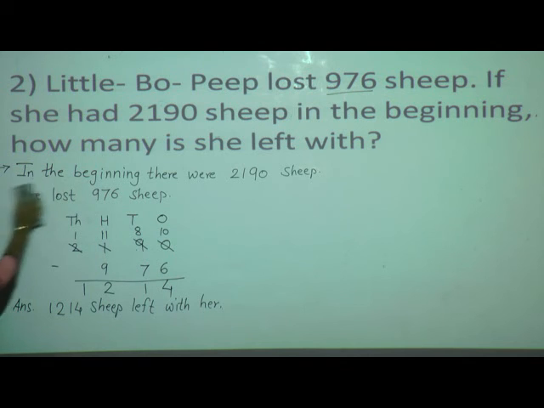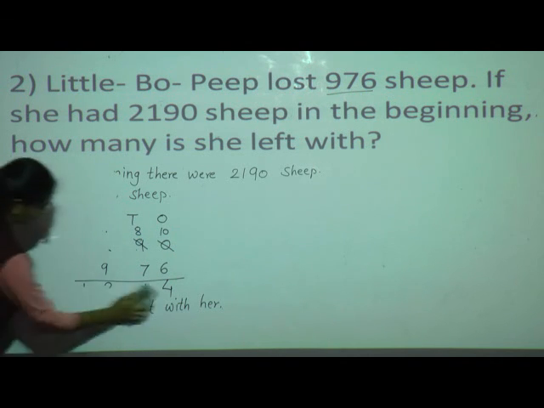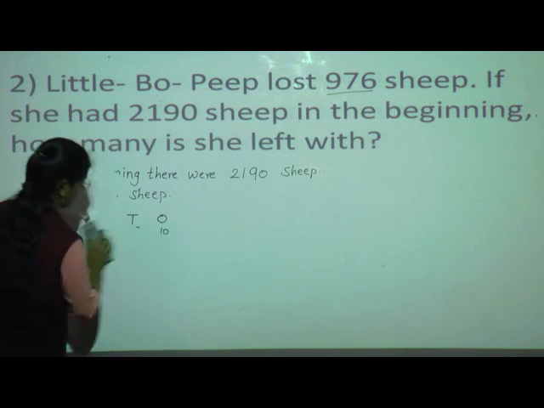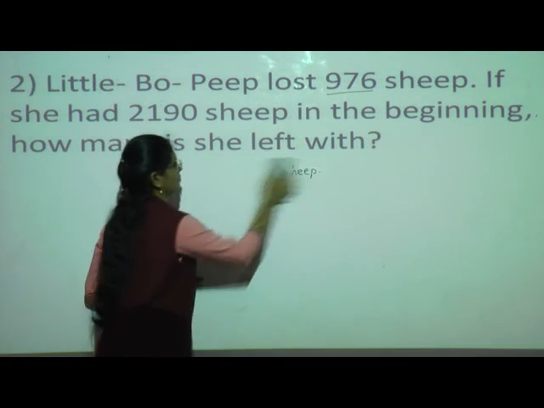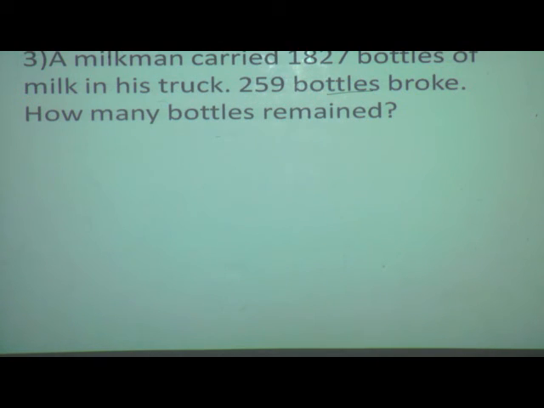What is the next example? Read the question number 3. A milkman carried 1827 bottles of milk in his truck. 259 bottles broke.